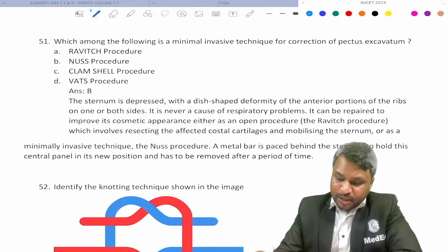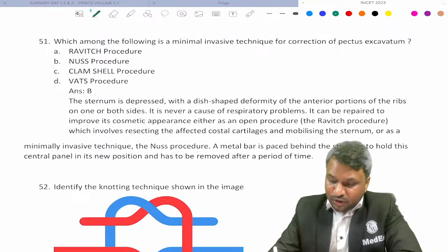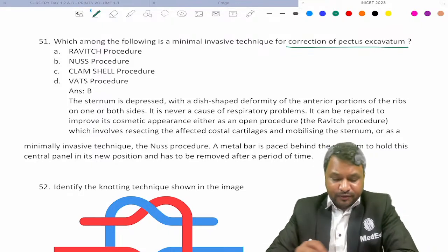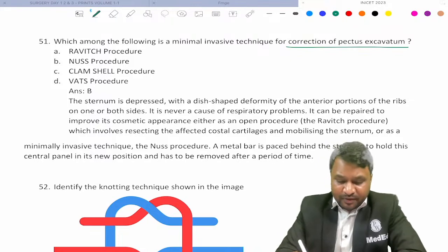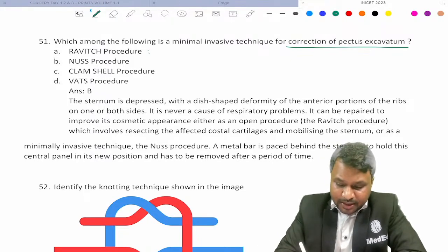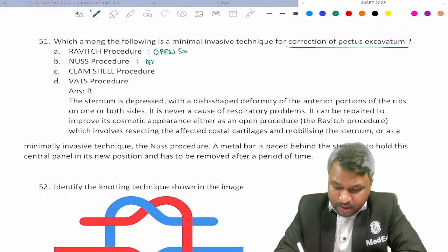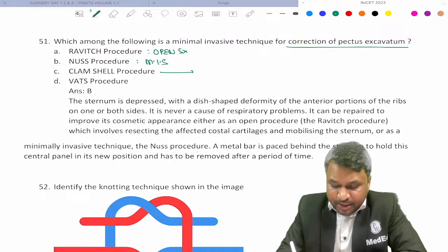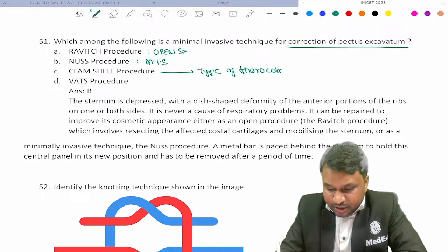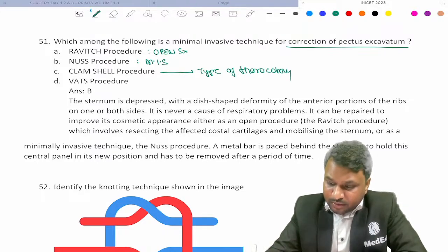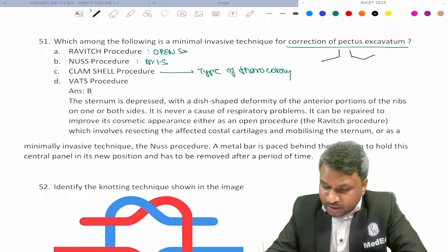Okay, which of the following is a minimally invasive technique for correction of pectus excavatum? When you talk about the surgery, we have the Ravitch procedure and the Nuss procedure. Ravitch is an open surgery. Nuss is going to be your minimally invasive surgery. Clamshell is a type of thoracotomy incision. If this is the thorax of the patient, in a clamshell you give the incision like this, right?